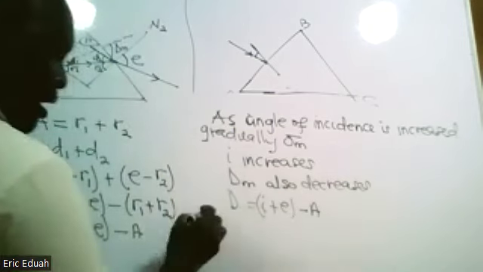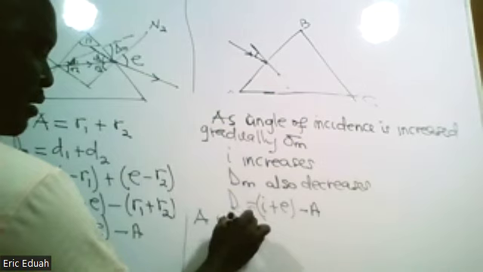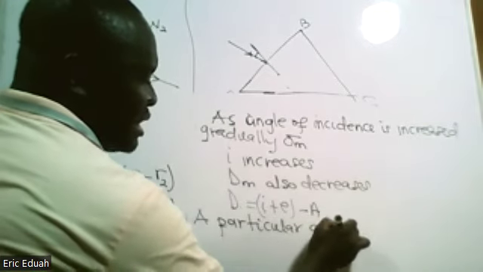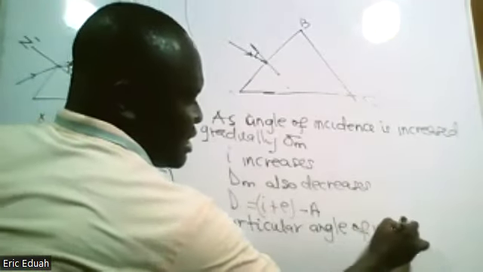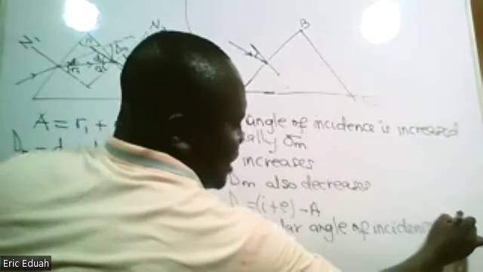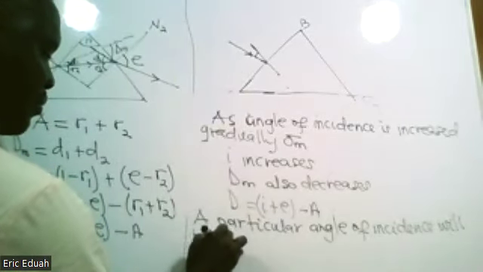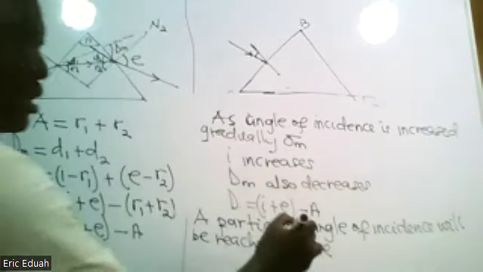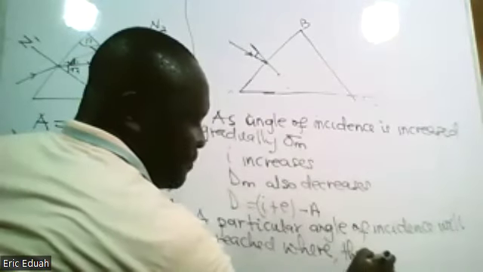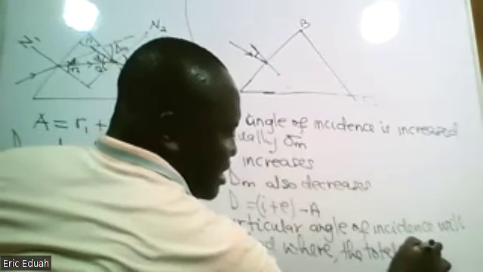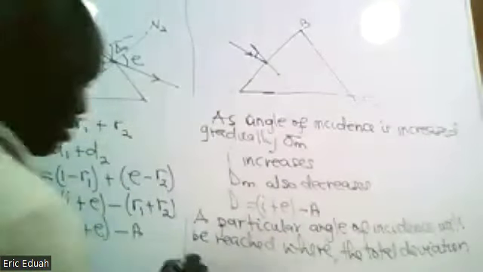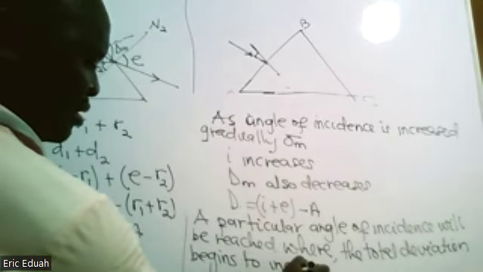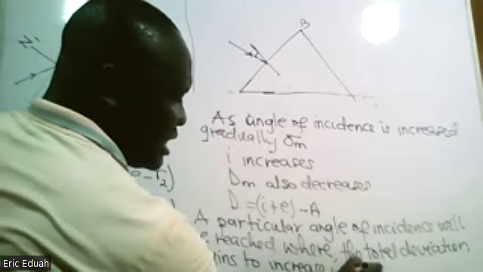So a particular angle of incidence will be reached where the total deviation begins to increase instead of decreasing.